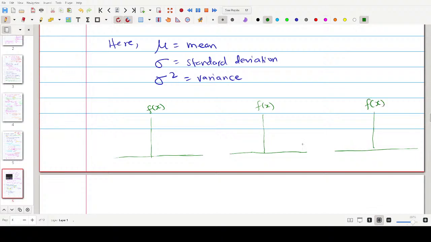The first graph looks kind of like a bell. It might also look like this, relatively shorter, or it might look like this, relatively thin. I'll try to make it a little thinner.